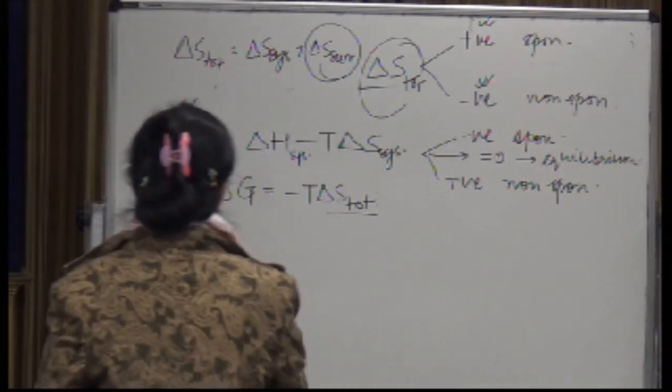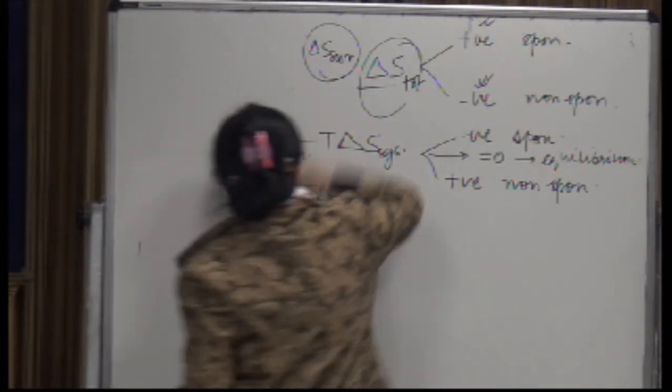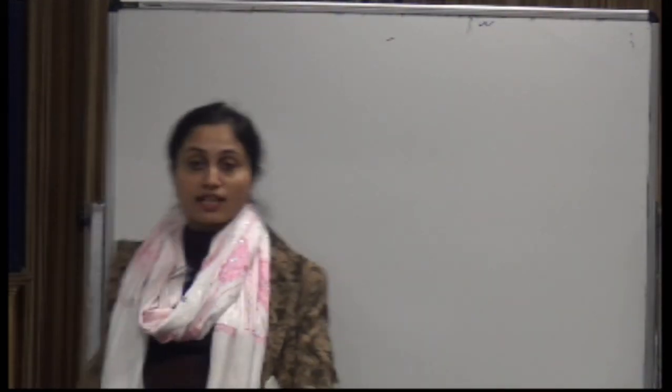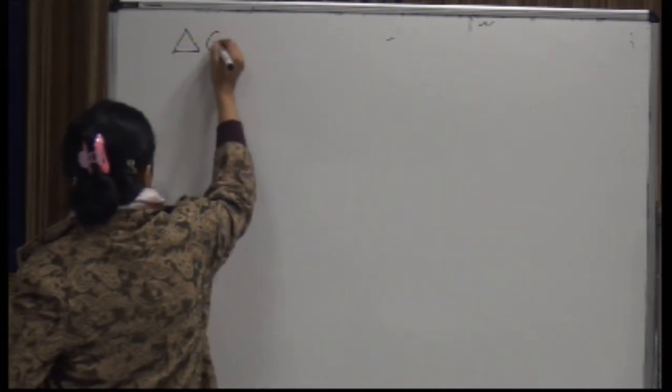Now coming back to our chemical equilibrium. Just remember, when delta G is negative your reaction will be spontaneous. When it is equal to 0, then the reaction is in equilibrium, and when it is greater than 0, then the reaction is non-spontaneous. Now your equilibrium constant can be related to your reaction constant by a relationship.